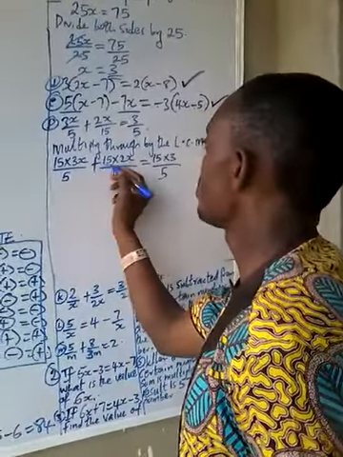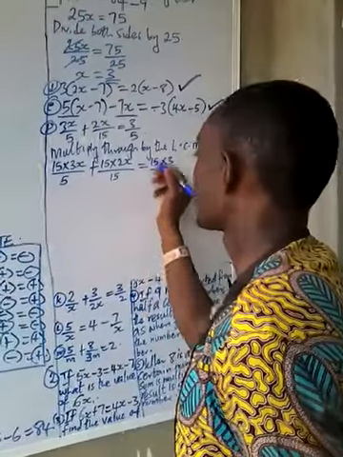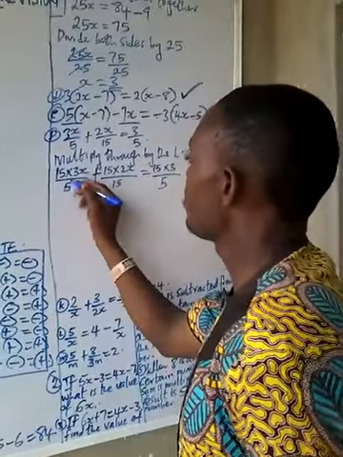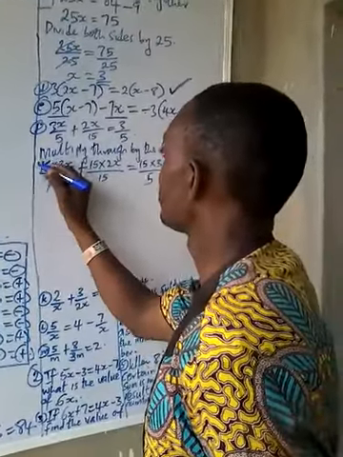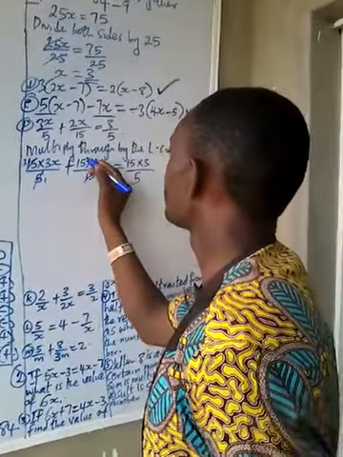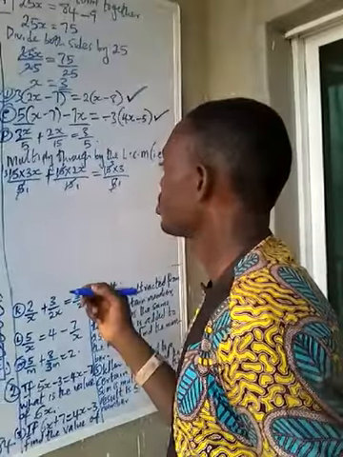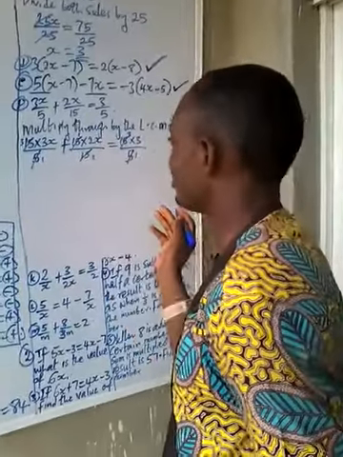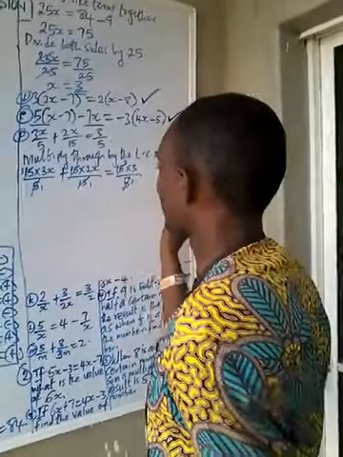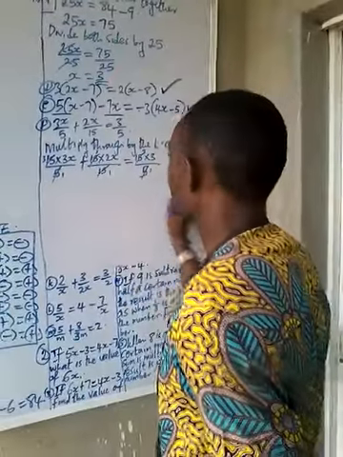Since it is a product that you have here, anything that is down can cut anything that is up. Now 5 here will give you 1, and 5 here will give you 3. 15 here 1, 15 here also 1. So you have gotten rid of the fractional form, and what you have is just a straight linear equation.